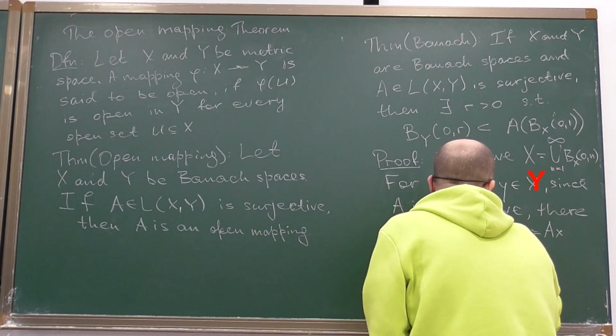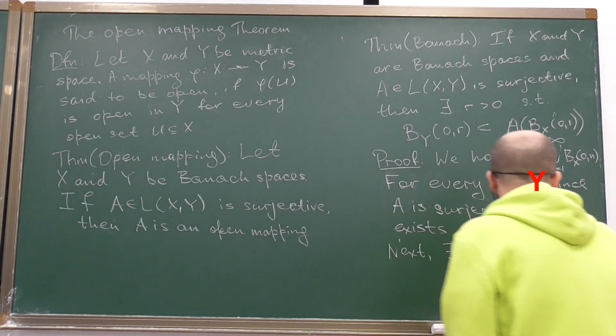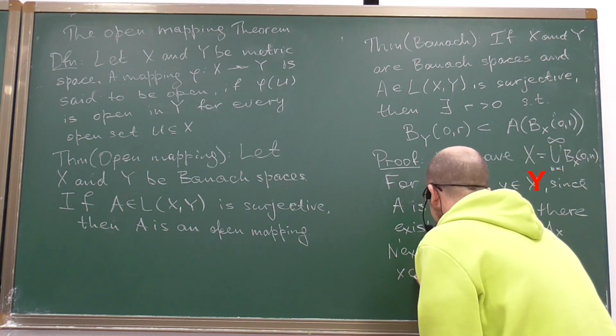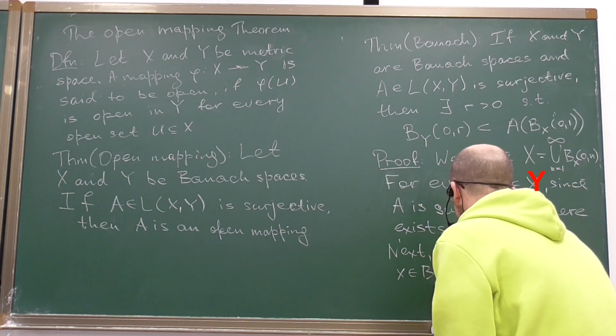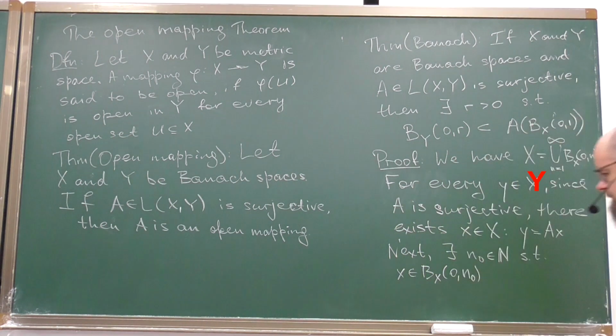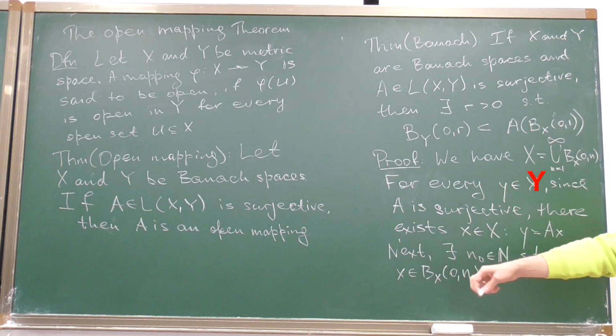There exists, say, n0 such that this x belongs to the ball centered at 0 and of radius n0. Which means that y belongs to the image of this ball.